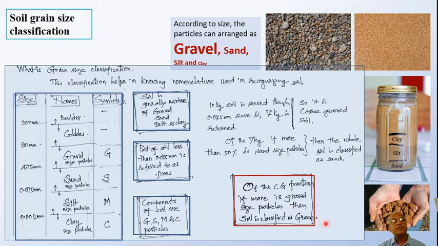So the more the percentage of gravel, it is gravel; the more the percentage of sand, it is sand. That is how we can classify. We'll go to the next slide.